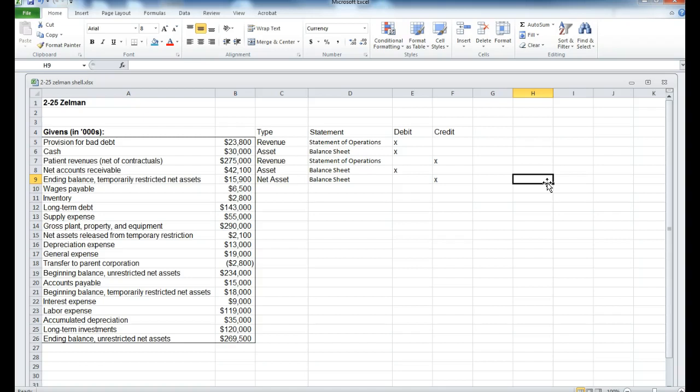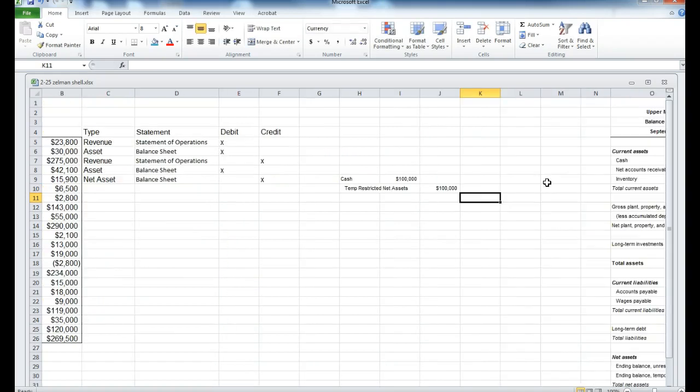Right? So how do I give them $100,000? I would give it to them in cash. So they would debit cash $100,000. Our credit is going to be to net assets, or temporary restricted net assets. And that's going to be our credit. And this is a balance sheet account.